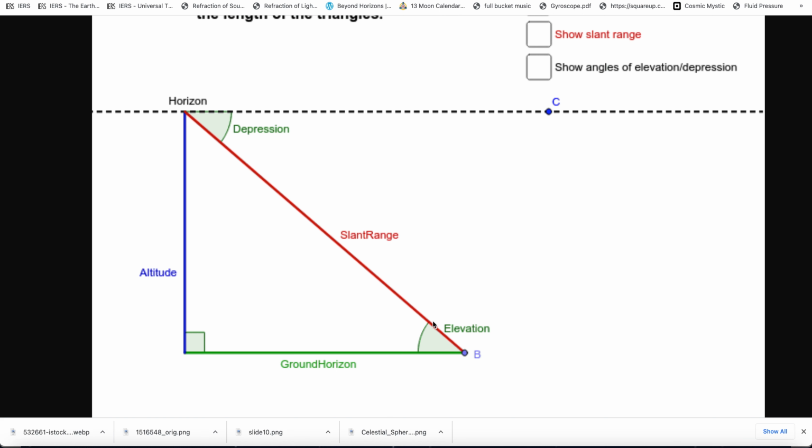So what would be the zenith? The zenith here would be a line up here, and that would be the zenith distance along here. So there you go. Elevation angles, zenith distance and depression angles require the use of 90. They require a horizontal and a vertical. Can't do it without it.